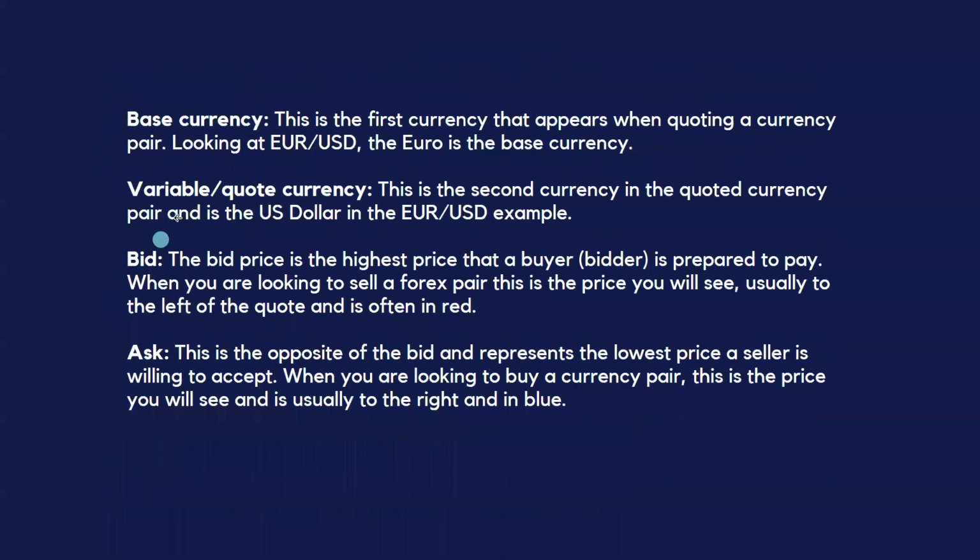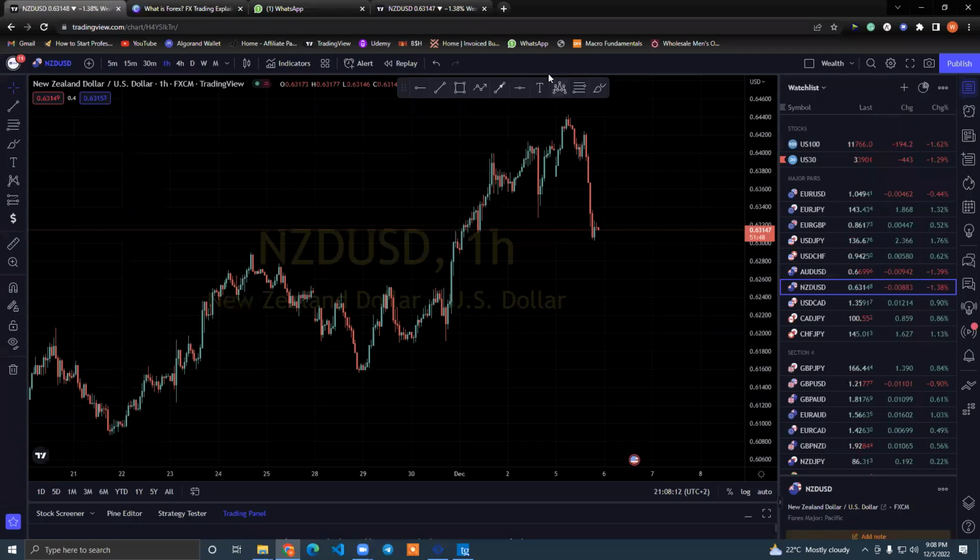When it comes to bid and ask, the bid price is the highest price that the buyer or bidder is prepared to pay, and usually it is found on the left of the quote currency. On the actual platform, this one here in red color is the bid, and this one is the ask.